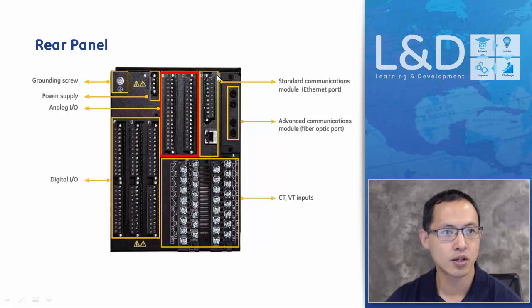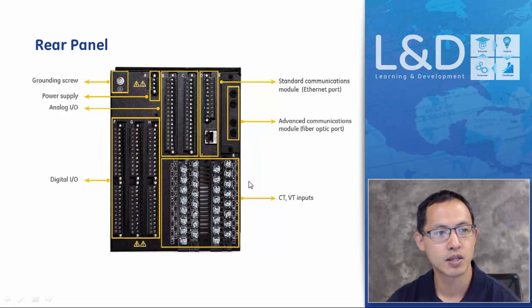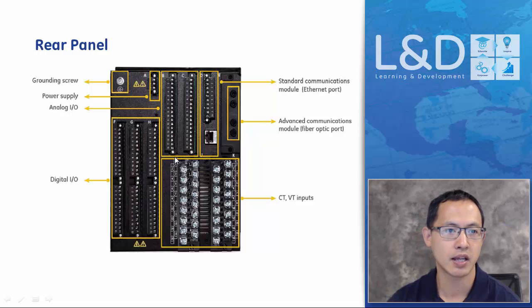Then the standard communication, which is used for the IRIG-B, RS-485, and copper Ethernet. There's the advanced communication port for the fiber optic ports. On the high voltage I/O, these are for the contact inputs and outputs. And this portion is for the analog inputs, for the CT and VT.